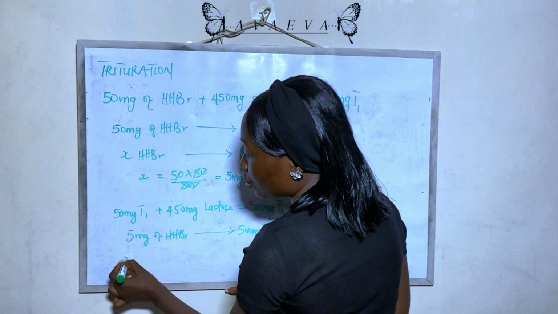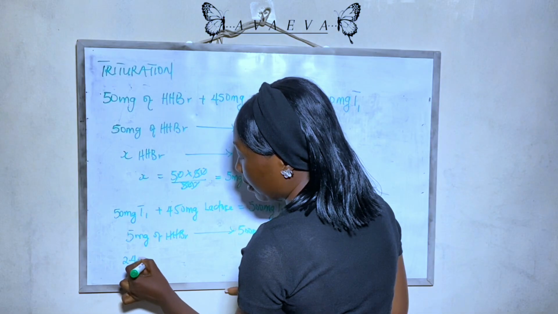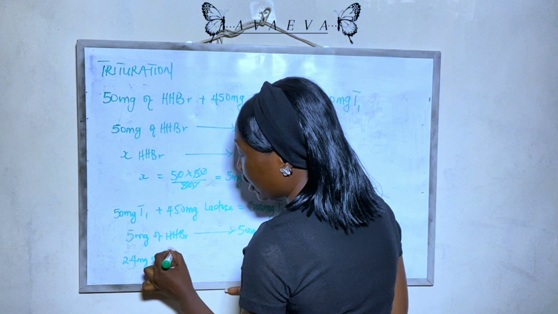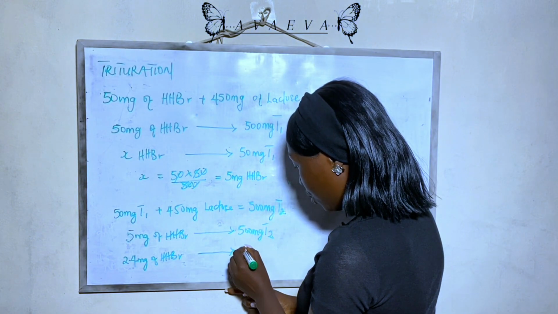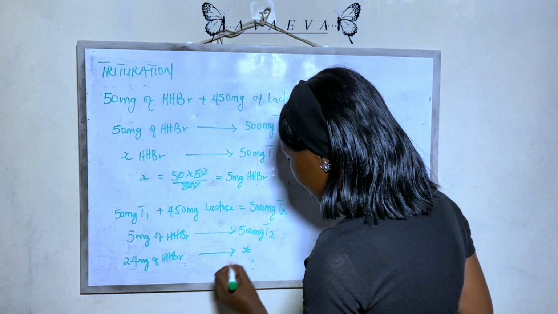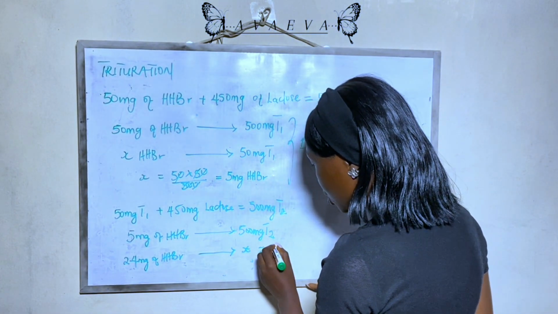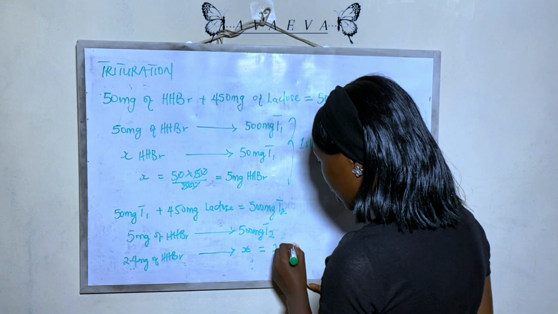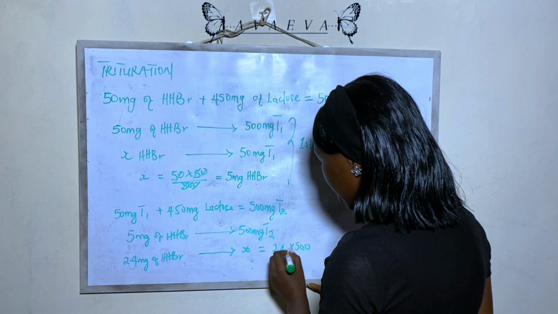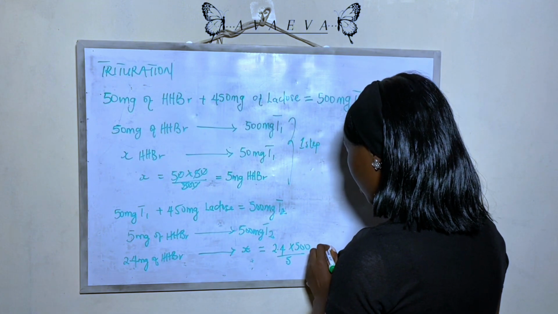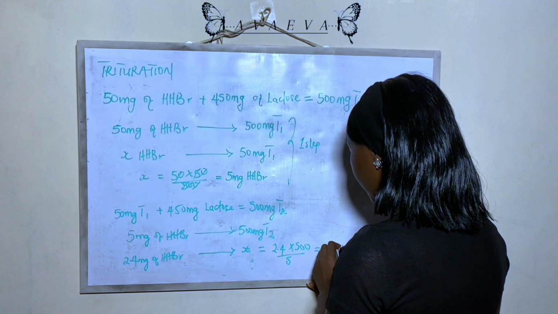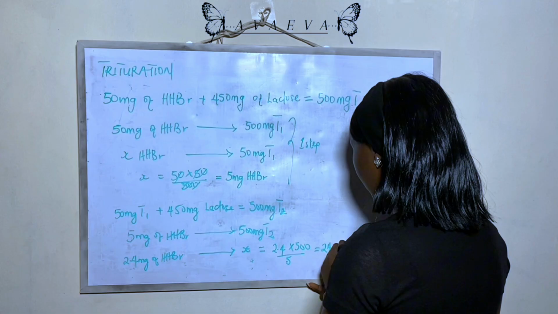Now, 2.4 milligrams of the hyoscine hydrobromide initially given will be contained in what? X is equal to 2.4 times 500 divided by 5. Your answer is going to be 240 milligrams T2.